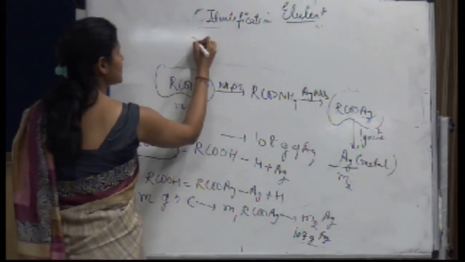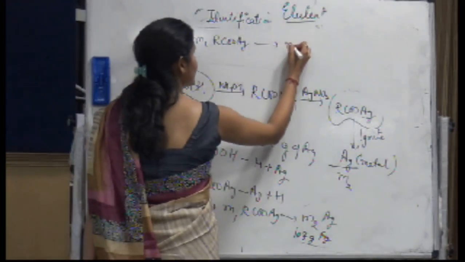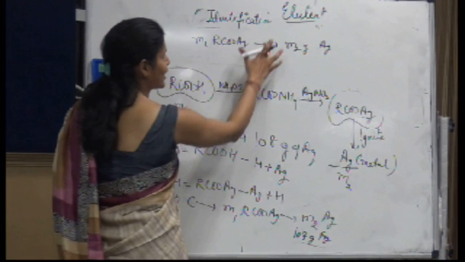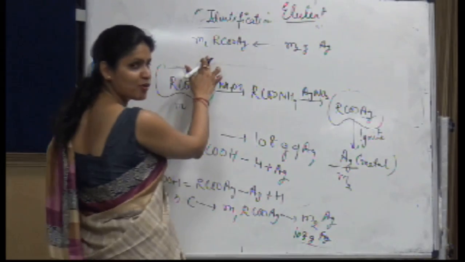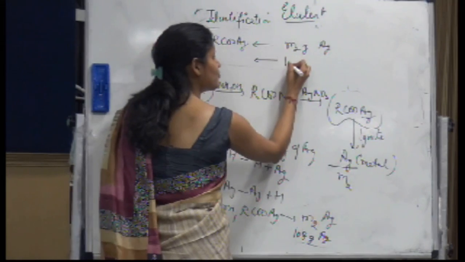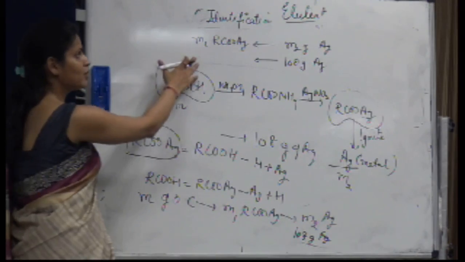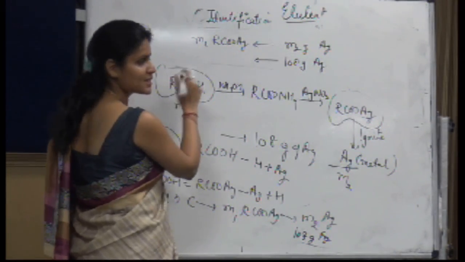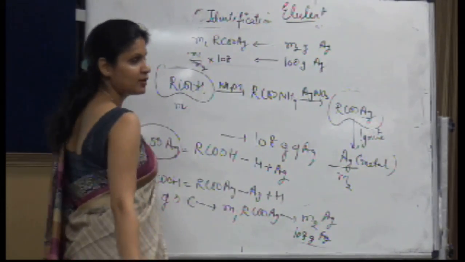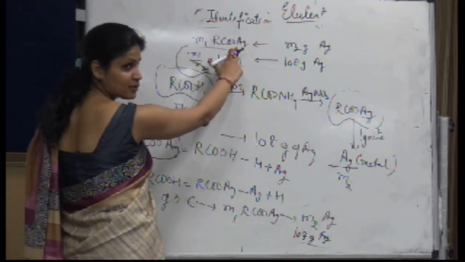I am saying that m2 grams of silver is obtained from m1 grams of RCOOAg, the silver salt of the organic acid. Then what would be the mass of the silver salt if 108 grams of silver is produced? It would be m1 by m2 into 108. This is how I obtain the molecular mass of the silver salt.